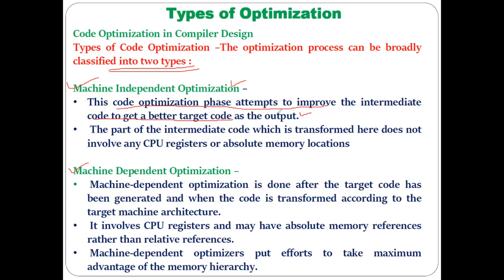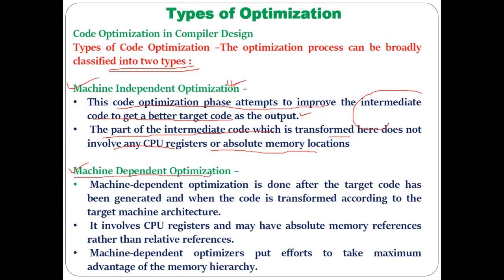So this is performed before code generation, on the intermediate code. The part of the intermediate code which is transformed does not involve any CPU register or memory location. It is called machine independent because when changes are made in the intermediate code through different transformation techniques, there is no need to think about CPU register instructions and memory locations. So that is the reason it is referred to as machine independent.